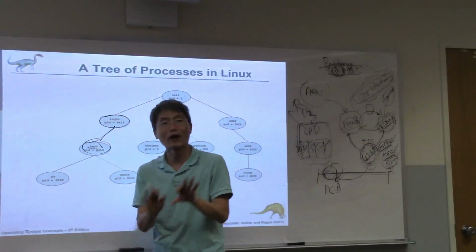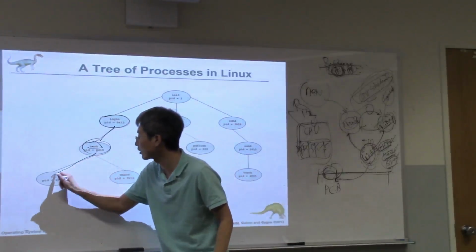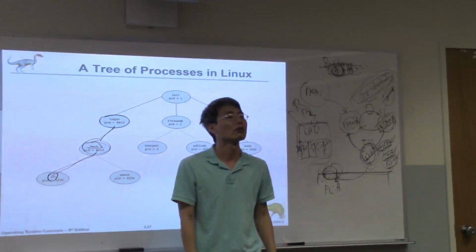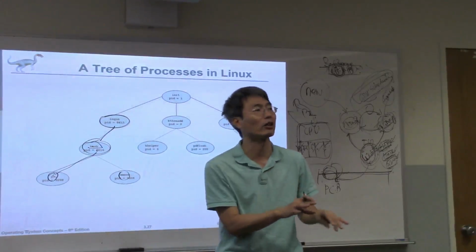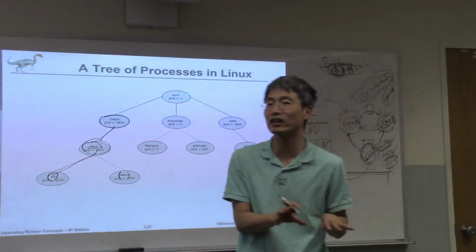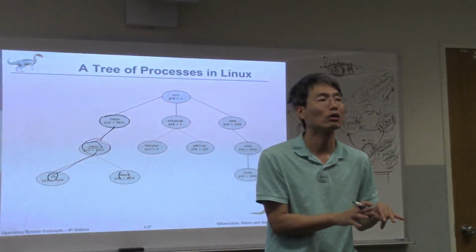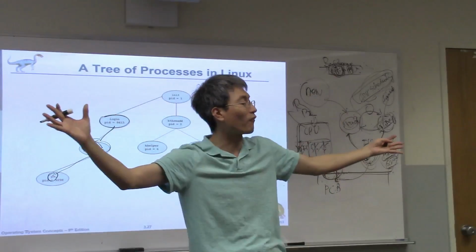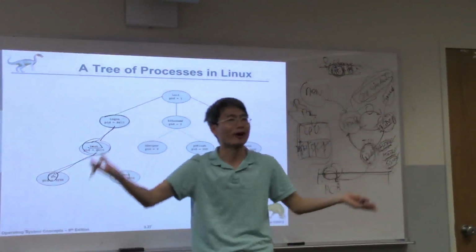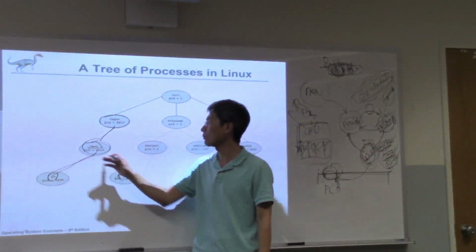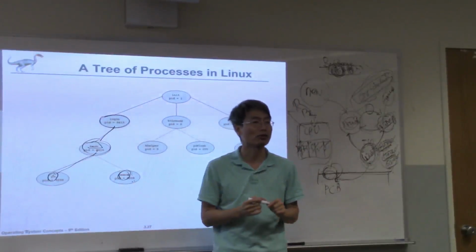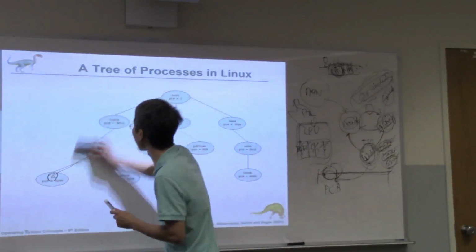If I type PS, it will create the PS process. If I type Emacs, Emacs is the editor. It is like the VI editor, but Emacs allows huge file sizes, like a 1 gigabyte file. You can actually open that one. Emacs will be created as a child process. This is the basic architecture. So it's always a tree structure.